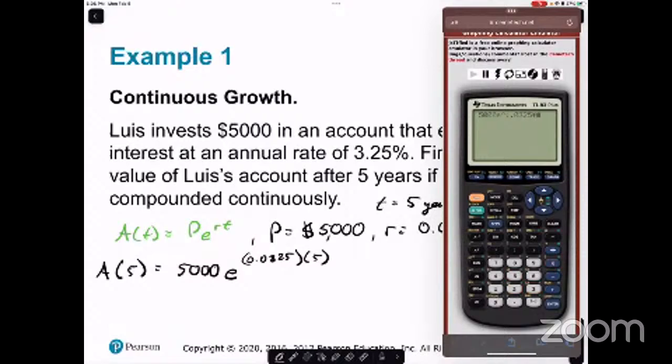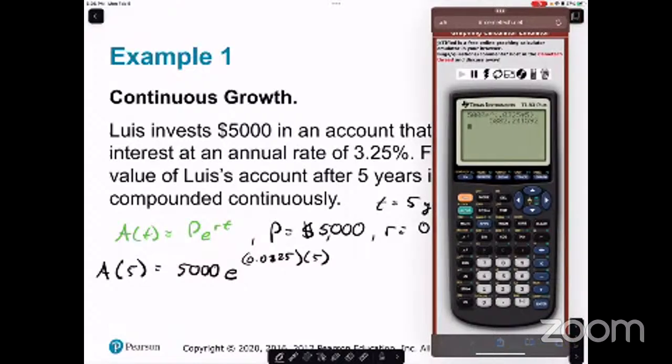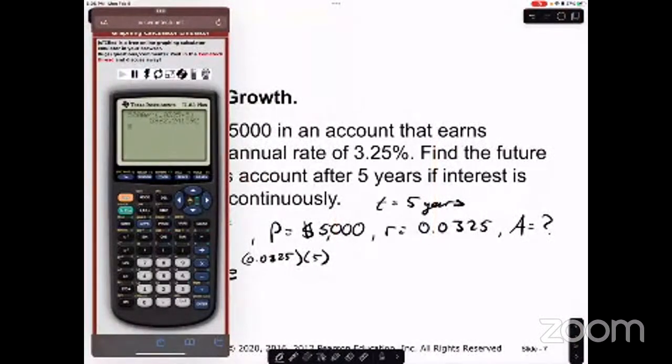And so basically I'm just typing 5,000 times e to the power of 0.0325 times 5. Future amount after 5 years. So probably like 6,000, 5,000. Okay. Since we're talking about money, we'll go to 2 decimal places. 5882.24.